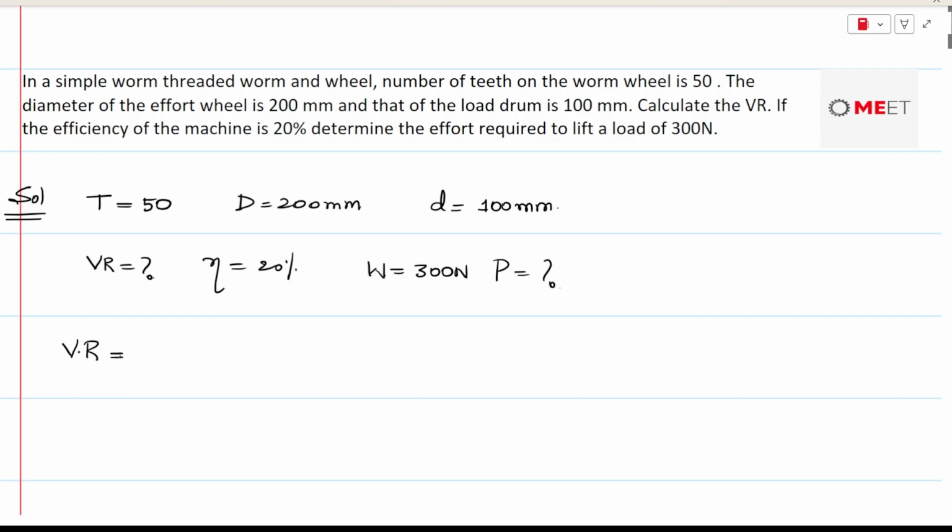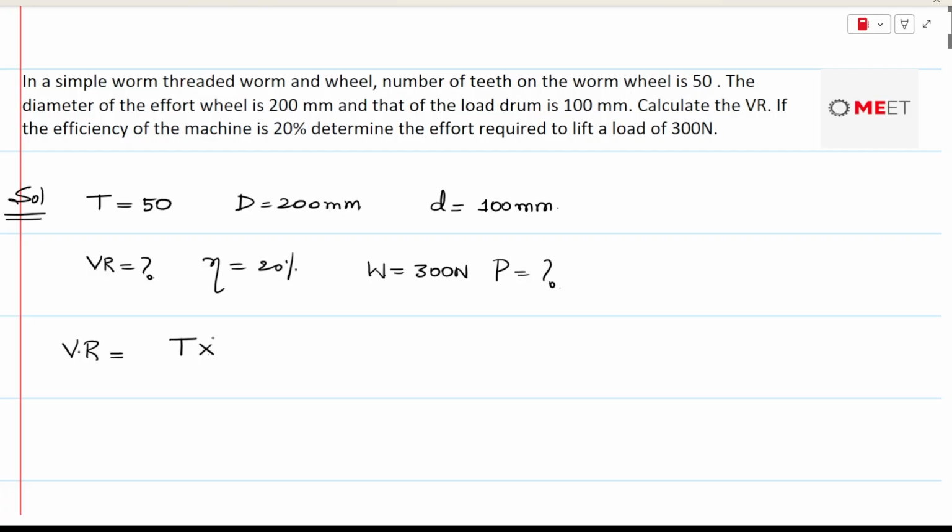So velocity ratio is given by the number of teeth on the worm wheel into the radius, or else the diameter where the effort has been imposed.